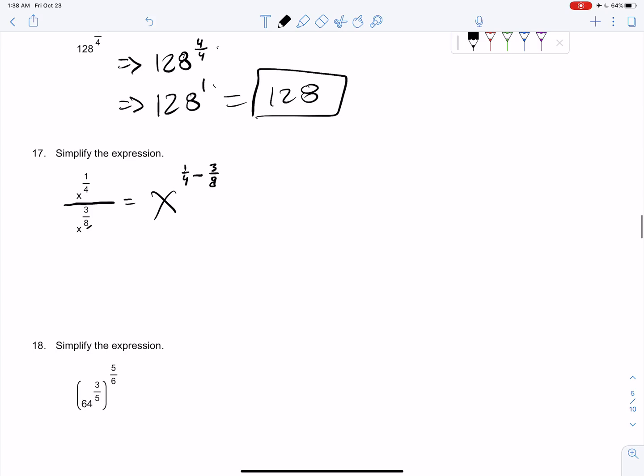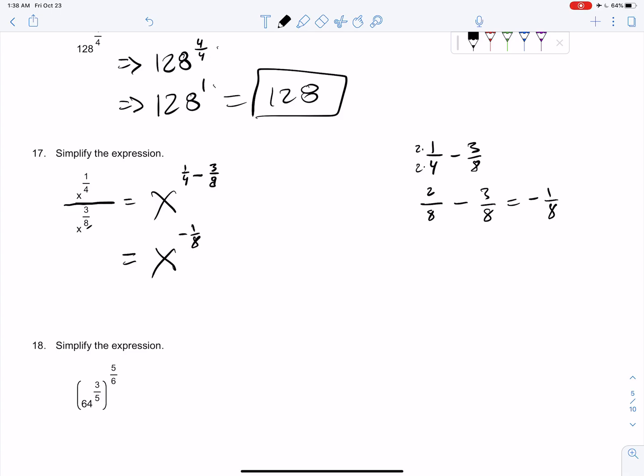Well, if I gave you 1/4 minus 3/8, that's an elementary arithmetic problem, right? But we need a common denominator of 8. We'll multiply the numerator and denominator by 2 to make 2/8, which is the same as 1/4. And 2 minus 3, well, that gives us negative 1/8. So when we do that subtraction, we get negative 1/8.